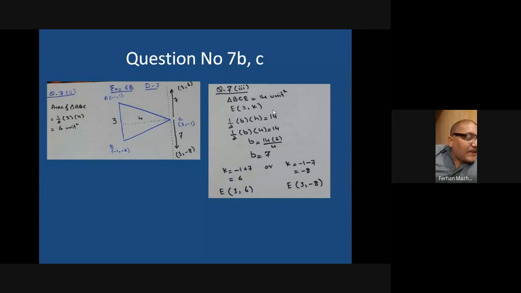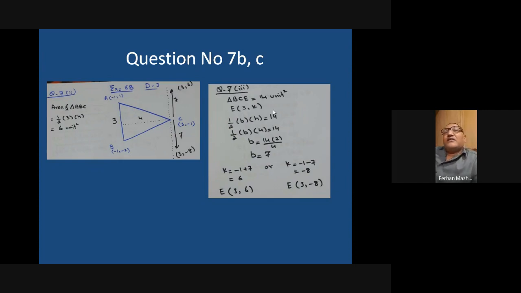Then the next part is: the coordinates of a point E are 3 comma k. So there is an unknown point, and its coordinates are 3 comma k, and the area of the triangle BCE is 14 units. Find the possible values of k. That's the third part.